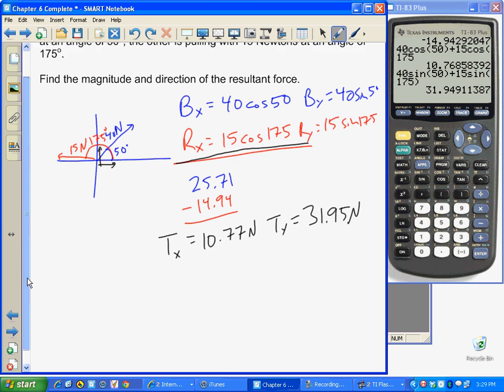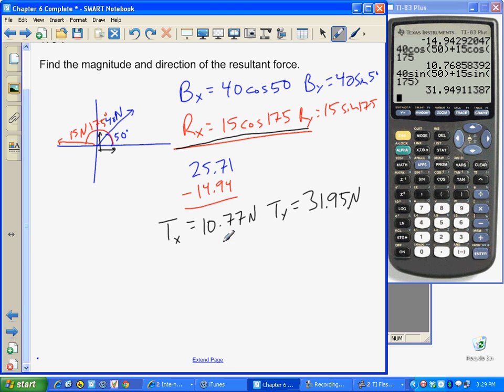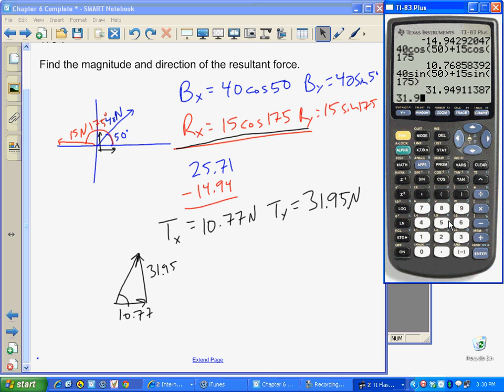So to get the magnitude and direction of the resultant force, since I'm going 10.77 this way and 31.95 this way, I want just a single force that does both of those things combined. So I need to know the angle it's making and the magnitude. I'm going to use the Pythagorean theorem to find the magnitude: 31.95 squared plus 10.77 squared, square root that.